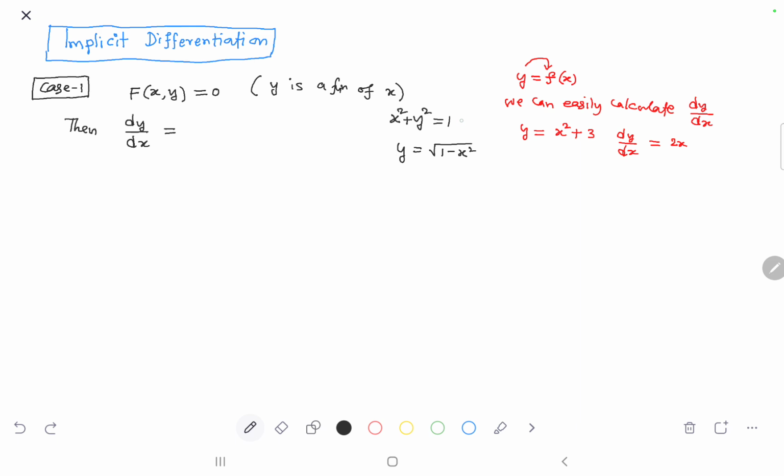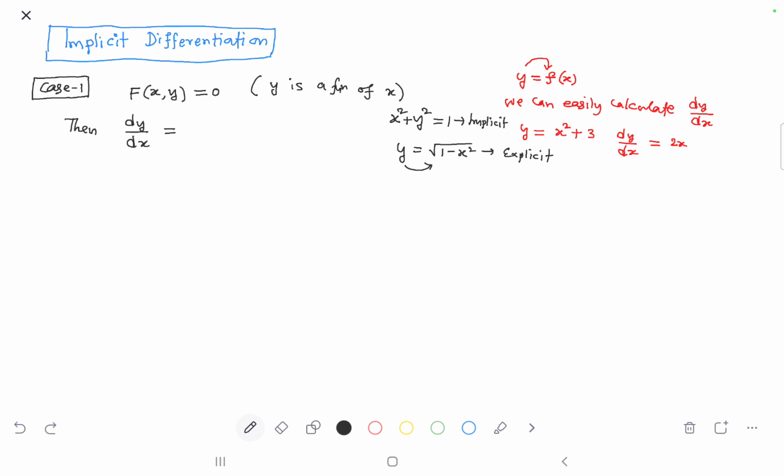So this is the explicit form, we can write y as a function of x. But you can see in some cases we cannot separate y, I mean, we cannot write y as a function of x. So in that case, how do we calculate the change of y with respect to x? That formula we call the implicit differentiation formula.